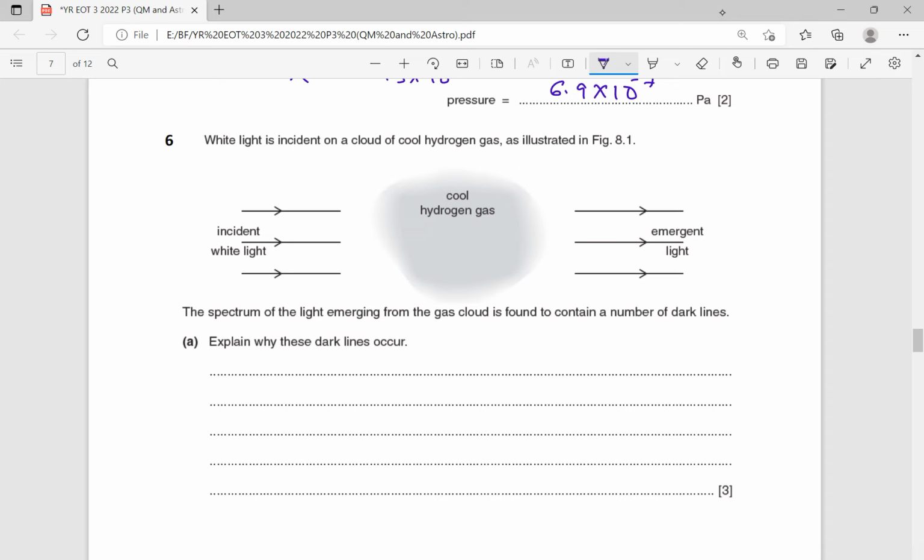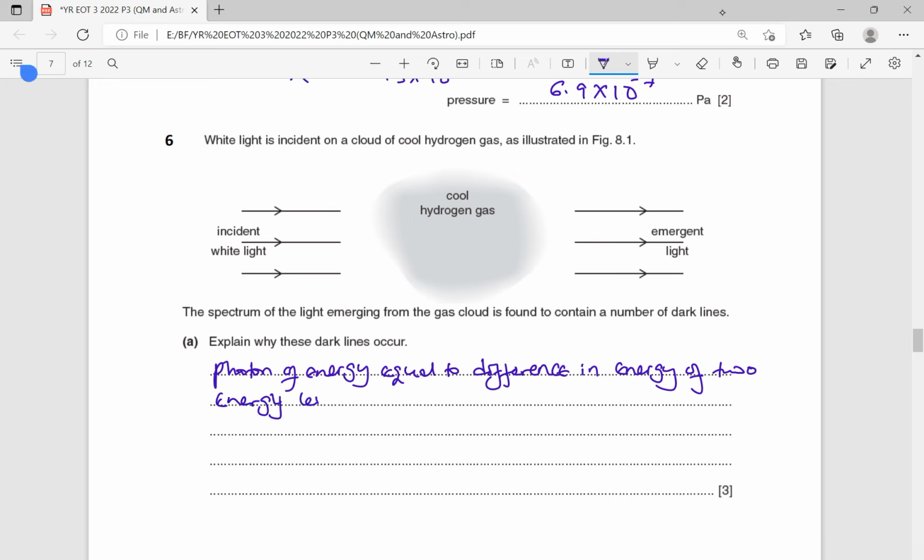A photon of energy equal to the difference in energy of two energy levels is absorbed by an electron.